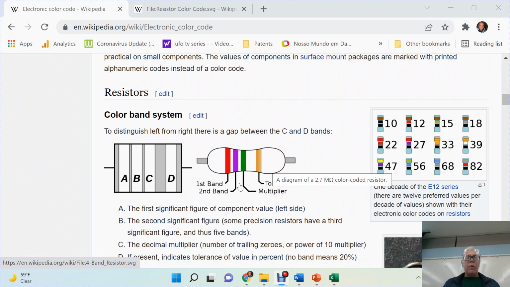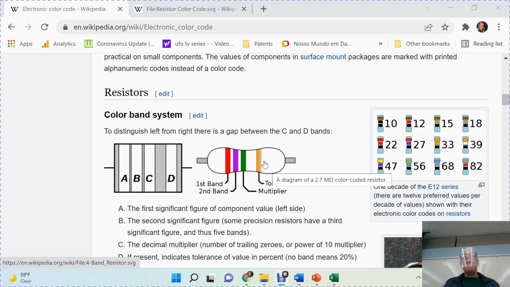The first band is the first significant digit. The second band is the second significant digit. When you are reading the value of the resistor by the color code, you get only two significant digits with four color bands.